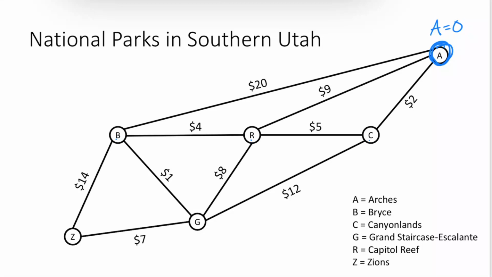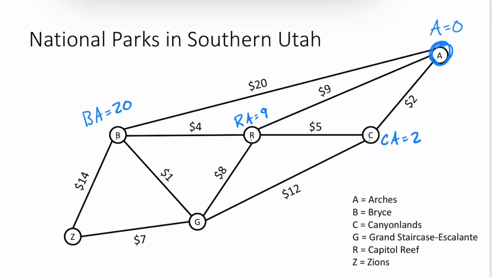So for each of those vertices that are adjacent to my current vertex, I'm going to calculate the distance to that current vertex. So the distance from Bryce to Arches, or the cost of that shuttle route, is $20. So the path from B to A costs $20. The path from R to A is $9. And the path from C to A is $2.